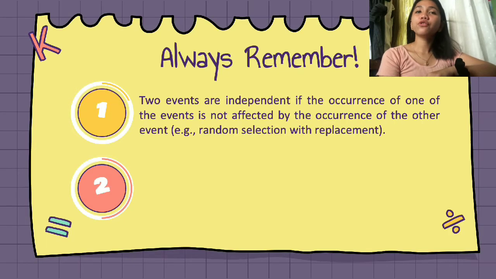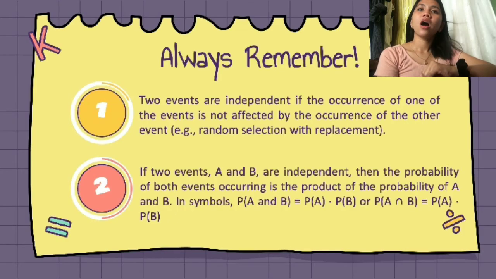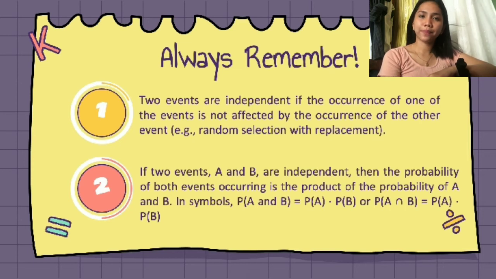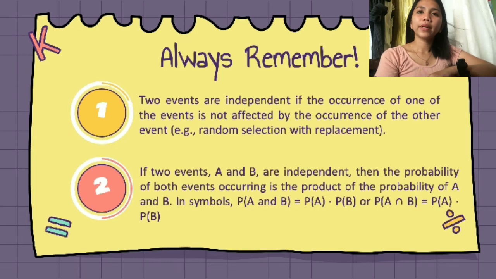Second, if two events A and B are independent, then the probability of both events occurring is the product of the probability of A and B. In symbols, P(A and B) is equal to P(A) times P(B), or P(A ∩ B) is equal to P(A) times P(B).